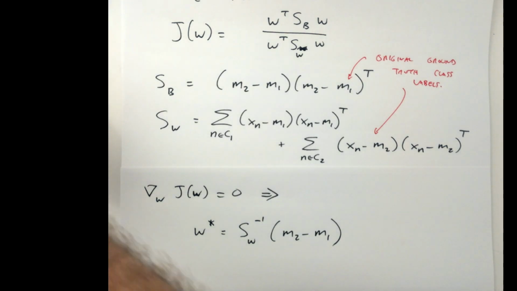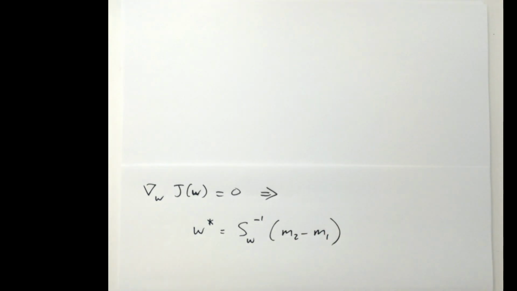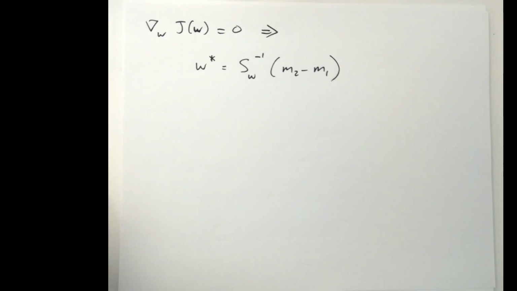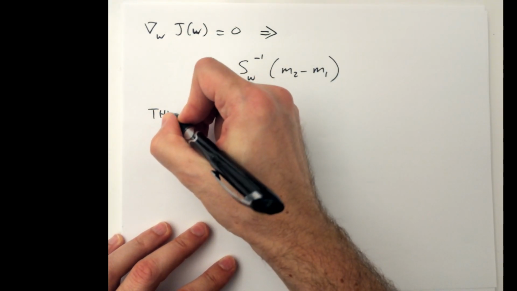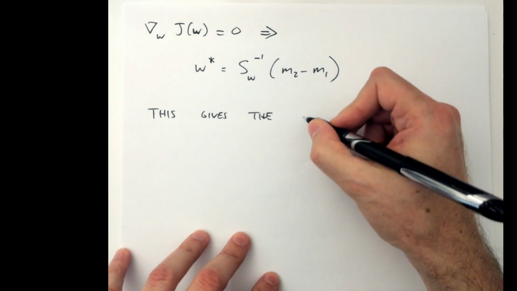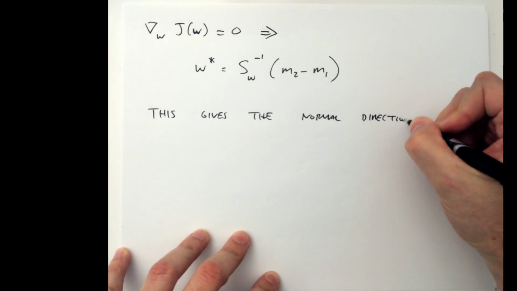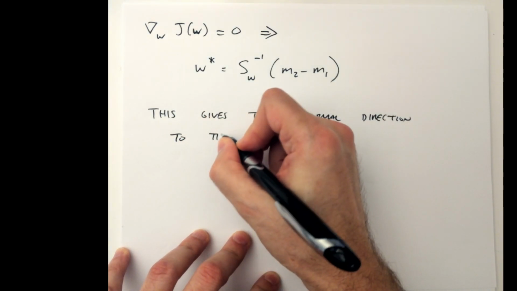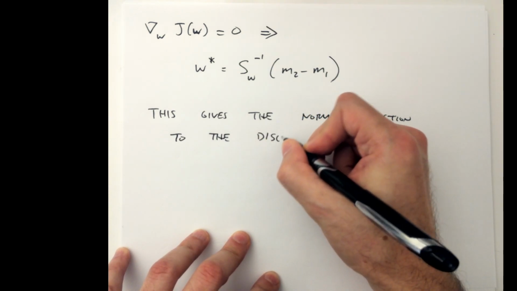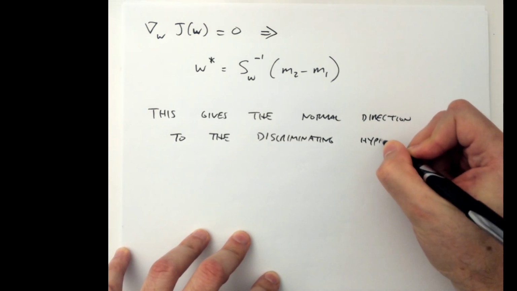Okay. And so when I do this, I end up with a W star, which is like my best hyperplane equation. So this gives the normal direction to the discriminating hyperplane.